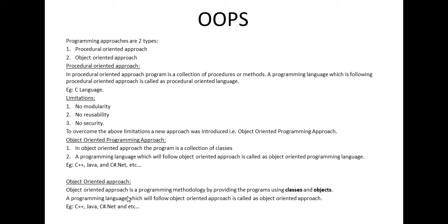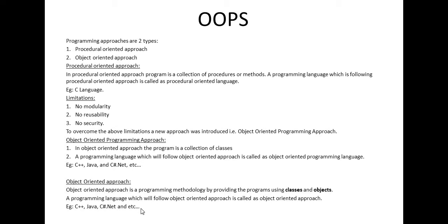So the object oriented approach is a programming methodology for writing programs using classes and objects. A programming language which follows the object oriented approach is called an object oriented programming language.